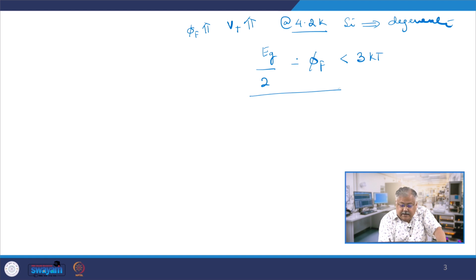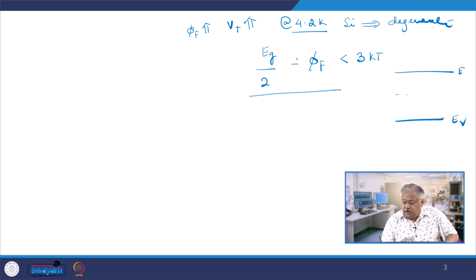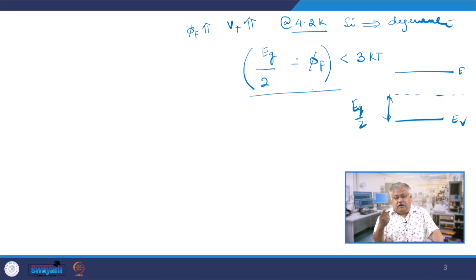So, if this is my Ec and this is my Ev, this is my Eg by 2, half the band gap, and if the Fermi level is very close to the Eg by 2 level, and you subtract the Fermi potential from the Eg by 2 value, it should be less than 3 kT. 3 kT is the amount of energy we are looking into.